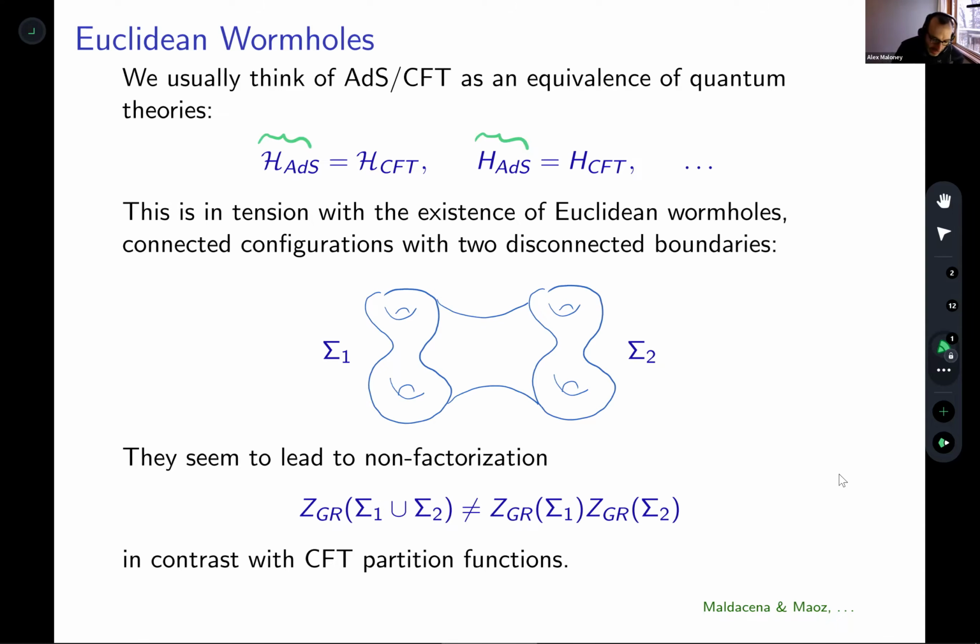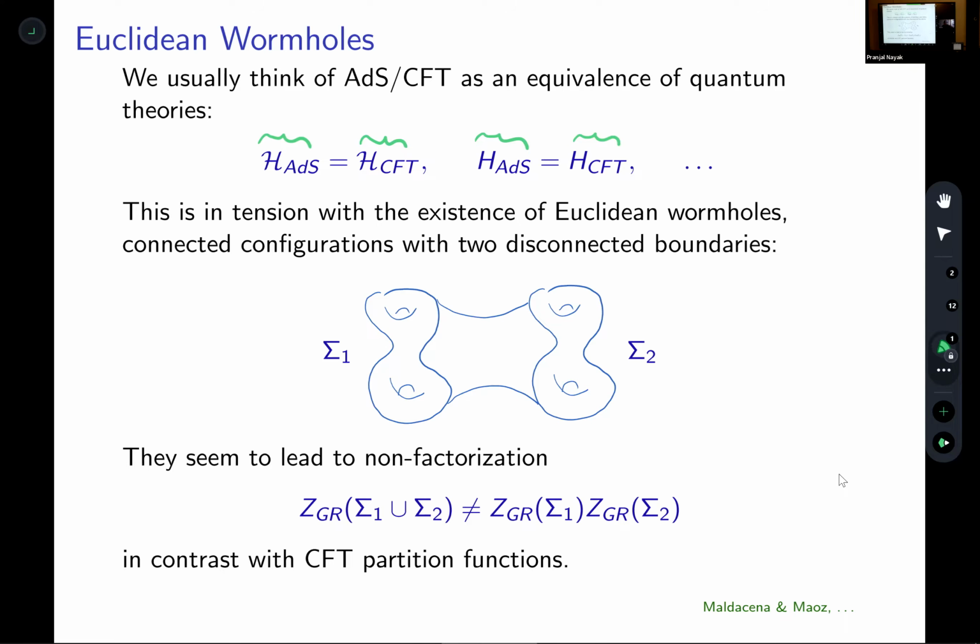And that Hilbert space and Hamiltonian should match the Hilbert space and Hamiltonian of some conformal field theory. And of course, there are all sorts of other observables, correlation functions, and so forth that should match. And we usually think of this as an exact equivalence between quantum theories.